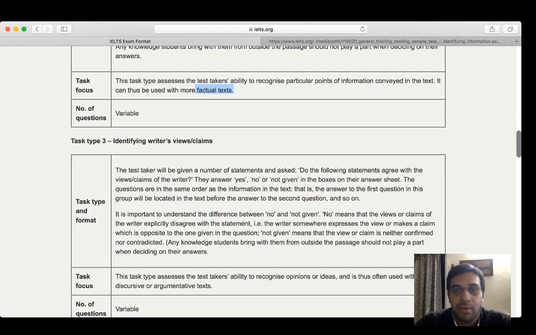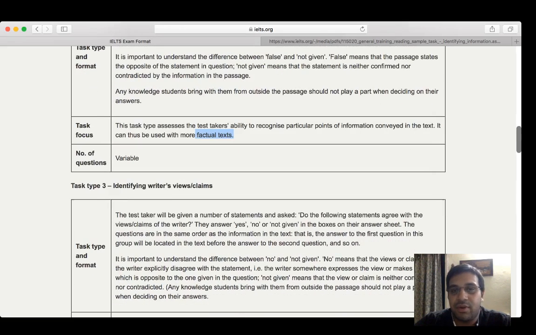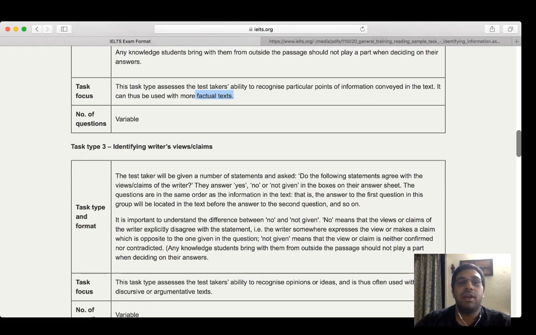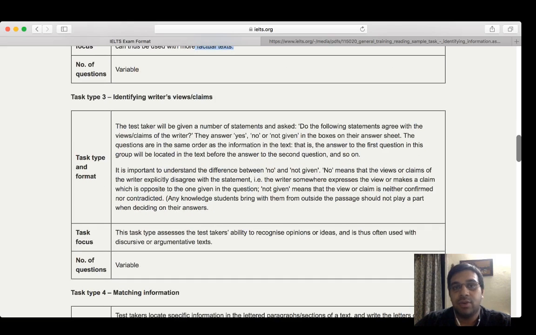However, the methodology would remain the same to tackle both of them, and you do not need to get confused between true, false and yes, no, because the question will already state what you have to write. You just need to know that true, false would be there in case of a factual text, and yes, no would be there in case you have a para which an author has written for an abstract topic, maybe something related to politics, or what the author's opinion is about Donald Trump or any other politician.